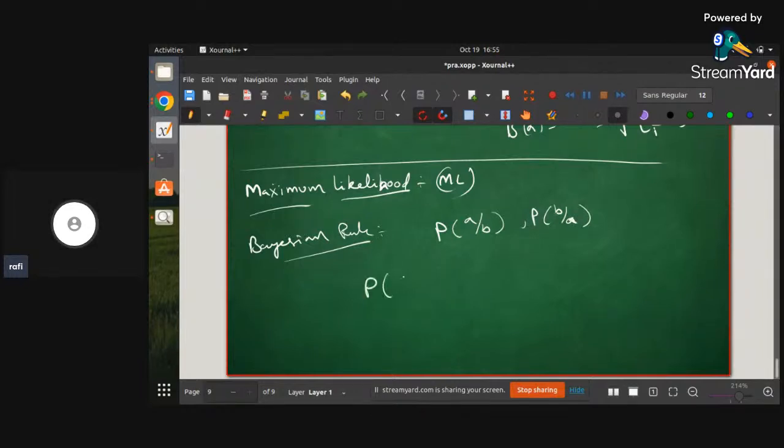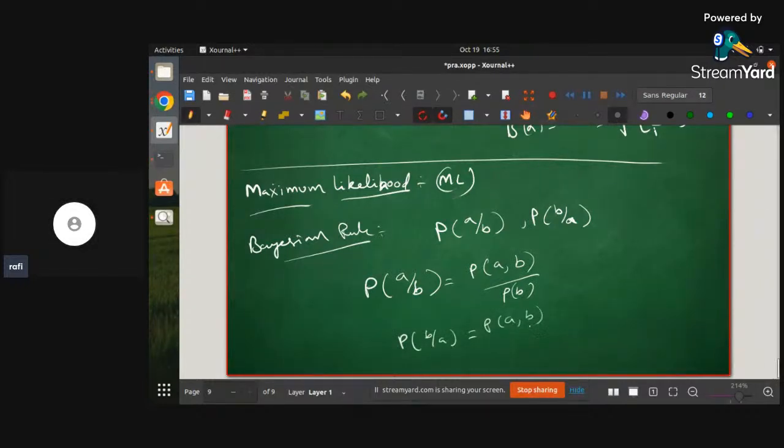Probability of A given B can be written as probability of A comma B by probability of B, and probability of B given A can be written as probability of A comma B by probability of A. So probability of A comma B is probability of A given B into probability of B, and also probability of B given A into probability of A.